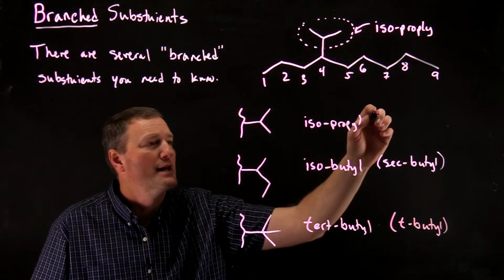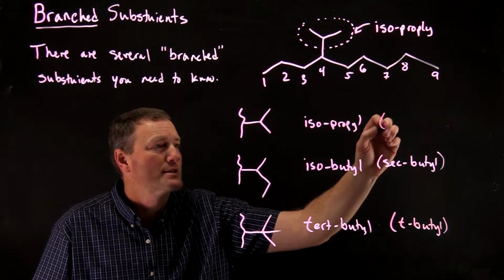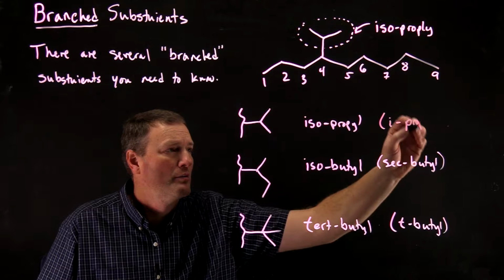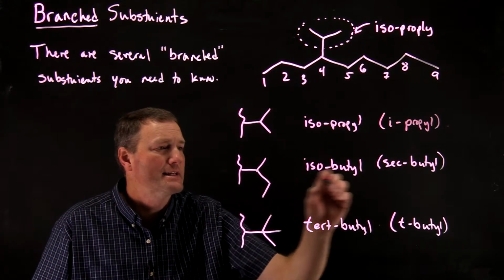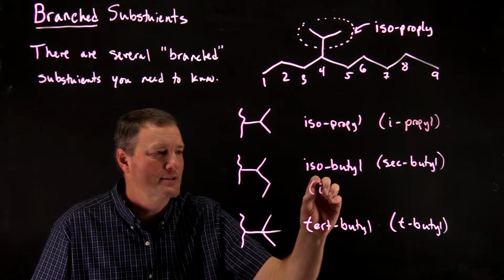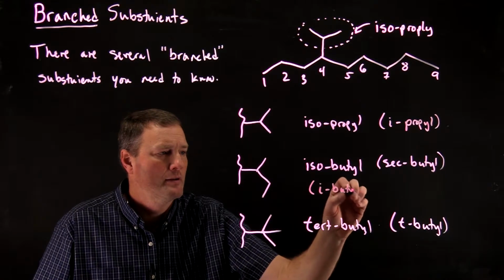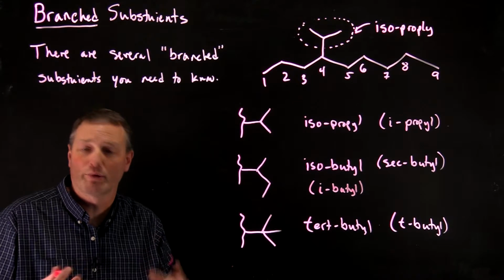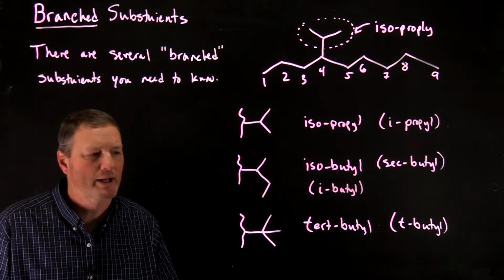Oh, and I should mention that this isopropyl is sometimes just listed as lowercase i-propyl, as is the isobutyl. This is sometimes listed as lowercase i-butyl. So these would be the 3 sort of branch chains that you definitely should know when it comes to structures.